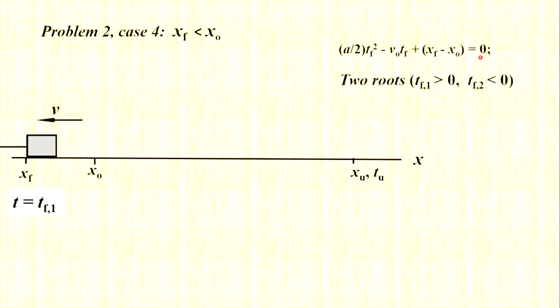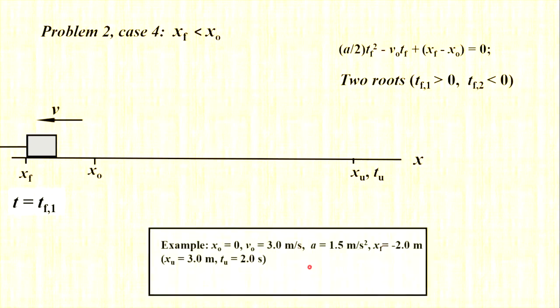If we solve the quadratic equation for TF, we will find that one of the roots, TF1, is positive, it corresponds to this moment, and the second root is negative. So the object arrives at this point only once, because after arriving at this point it's still moving to the left and leaves this point forever. Very simple situation.